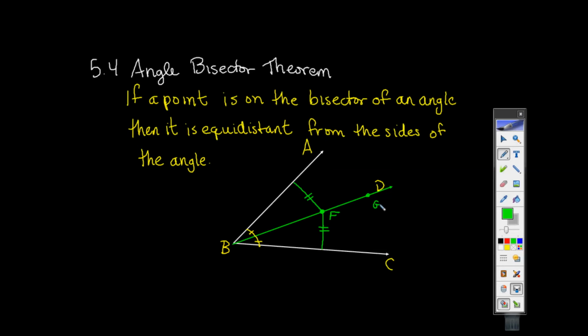So any point on this bisector is going to be equally distant from the two sides of the angle.